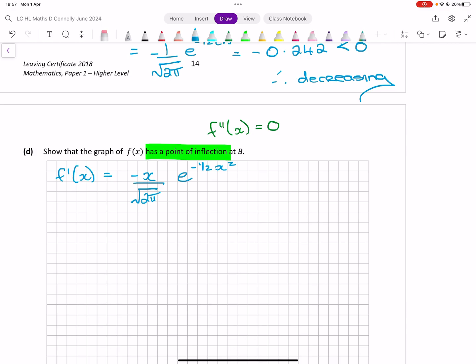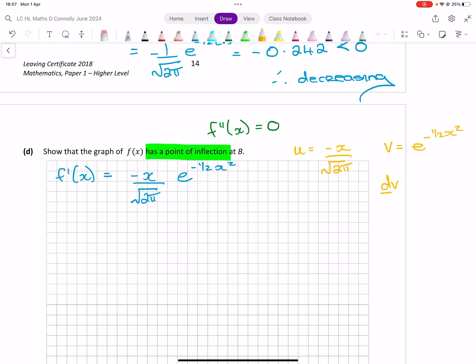That has now become a product because of the x. So u is minus x over the square root of 2 pi, and v is e to the minus a half x squared.